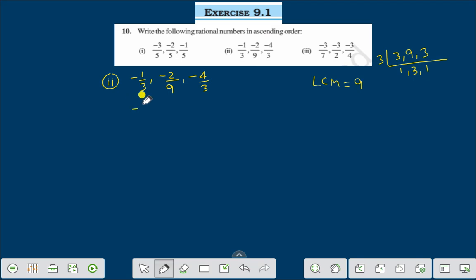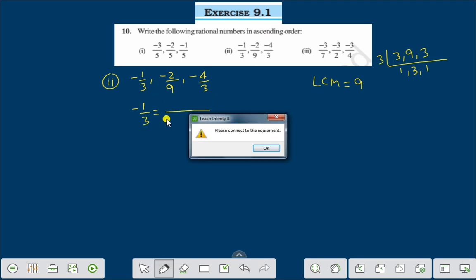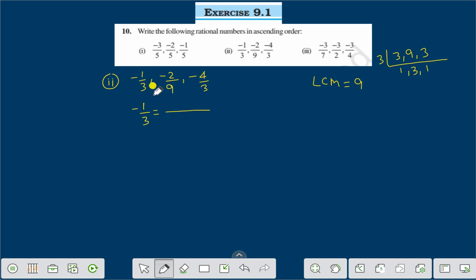Now minus 1 by 3. If you divide the 9 by 3, we are getting 3. That means you have to multiply the numerator and denominator by 3. That is 3 into 3, and it is minus 1 into 3, right? Then you are getting minus 3 by 9.